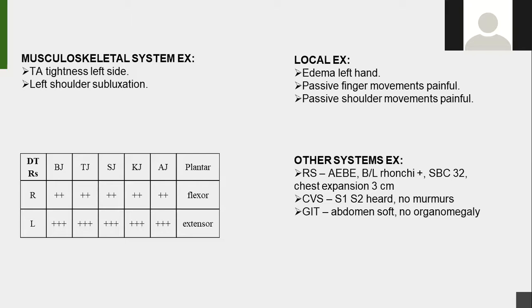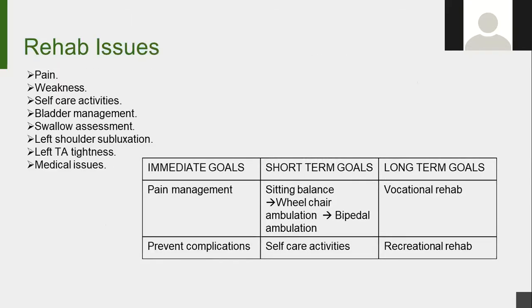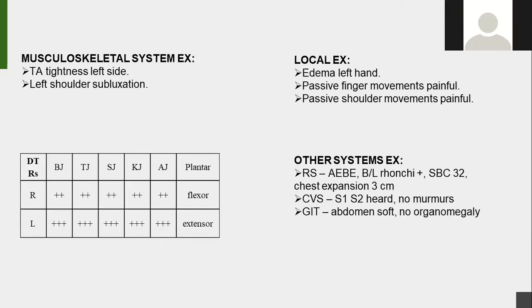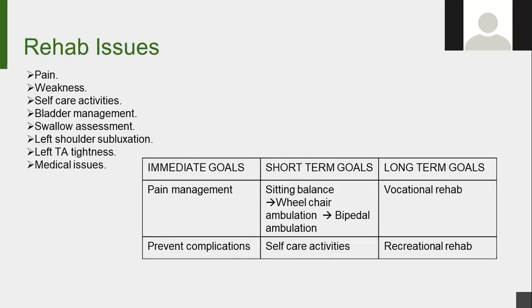So, coming to the final diagnosis, we know the diagnosis, so I'm not repeating it. The rehab issues in this patient: we found his pain, the weakness, his dependence in self-care activities, the bladder issues, the swallowing we had to assess, and musculoskeletal problems like the left shoulder subluxation, left tendo Achilles tightness, and also his medical comorbidities.